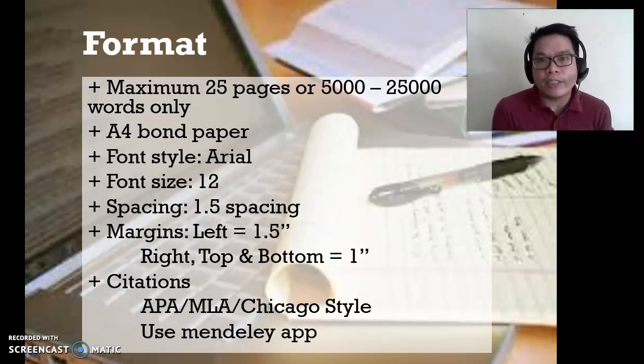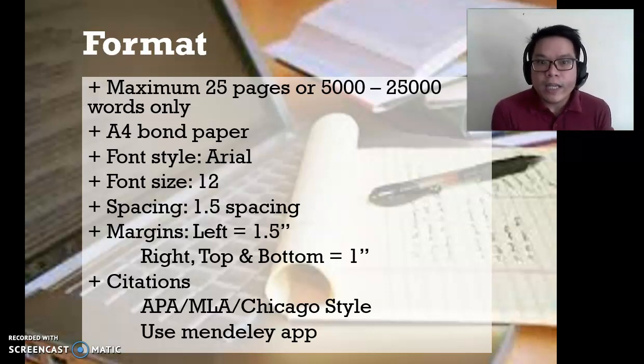all remember that there's a format that you have to follow in writing your research manuscript. These are the guidelines that you have to follow. It's a maximum of 25 pages, approximately around 5,000 to 25,000 words only. You have to use an A4 bond paper, and your font should be Arial, size 12, with 1.5 spacing, and make sure that your margins are correct.